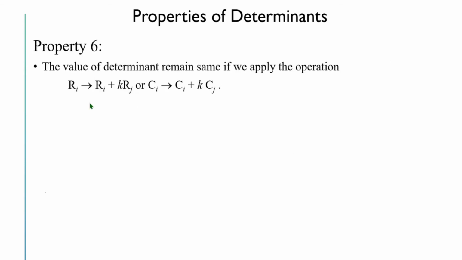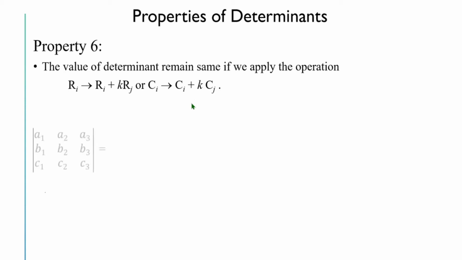The next property, the value of a determinant remains the same if we apply the operation Ri changing to Ri plus k into Rj or Ci changing to Ci plus k into Cj.